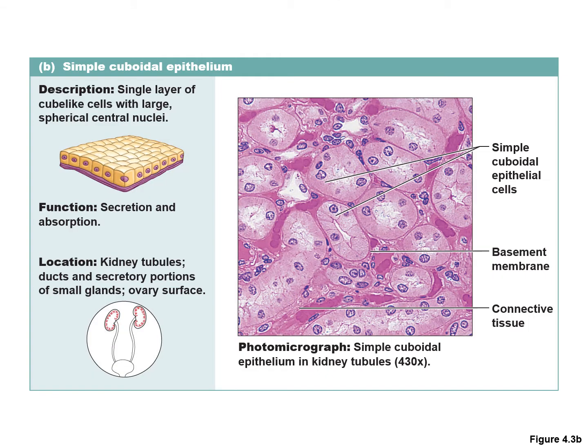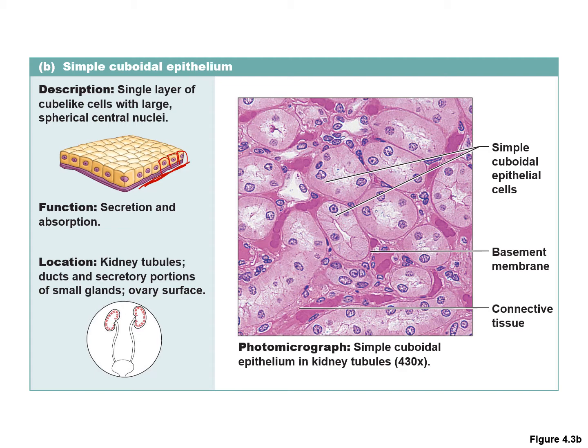Okay, next type of the epithelium is simple cuboidal. So you see that here's our basement membrane, right? So here's our basement membrane, and we have one layer of cells, and they have the shape of little cubes.